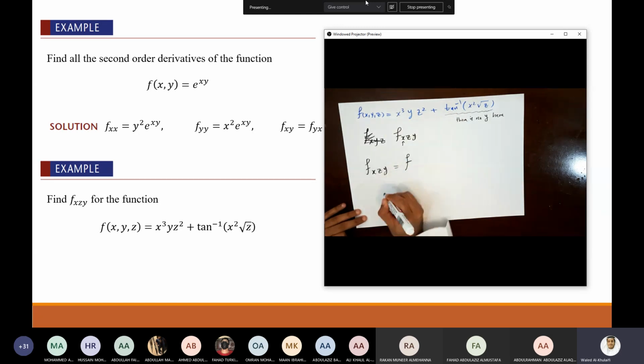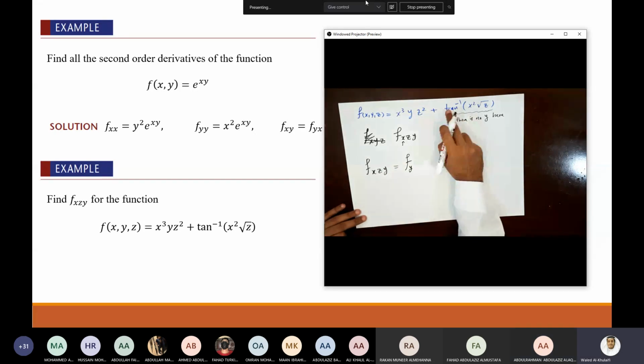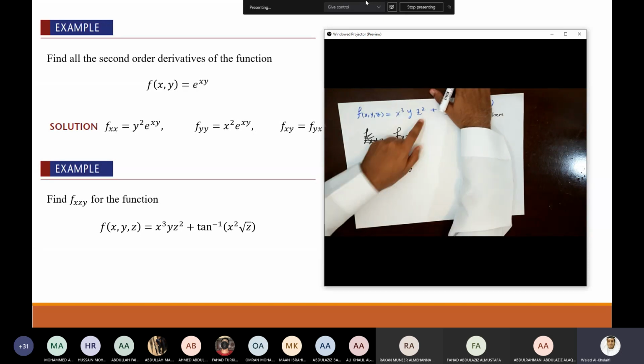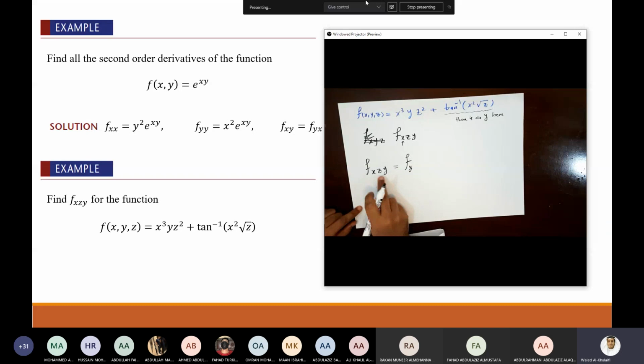So instead of starting with x, I can reorder this. غير ترتيبه يا شباب. So I can start differentiating with respect to, there is no y here يا شباب. So what should I start differentiating with respect to? y. أول شيء أبدأ بالy. تمام؟ عشان ايش؟ عشان derivative of this one will be zero. هذه done. وهذه derivative very easy with respect to y. طيب بعد ما اخلص ال y what is left is x and z.